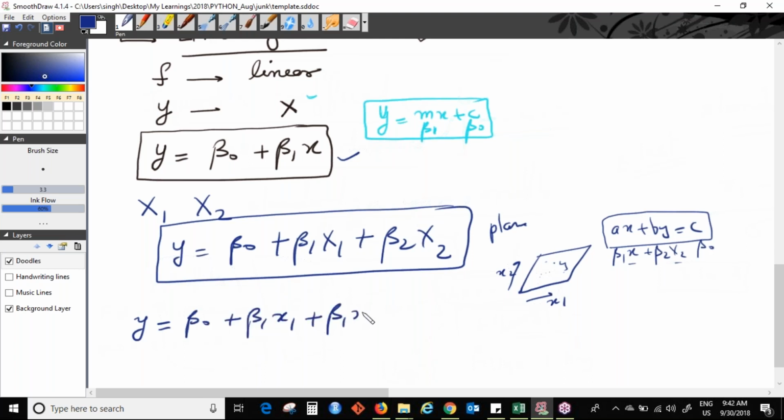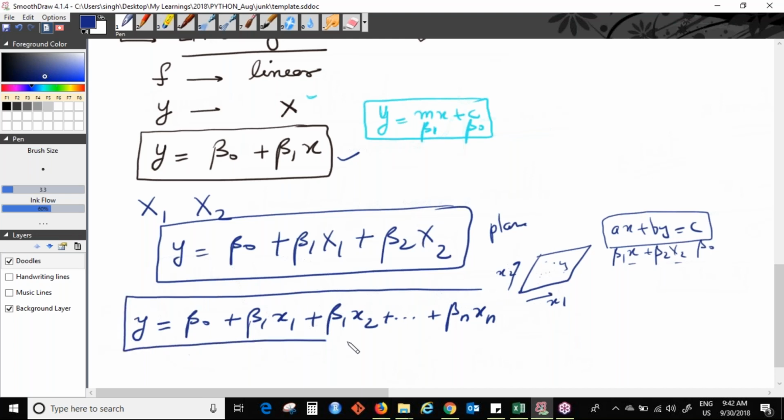So it will look something like this: beta n xn if you have n independent variables. This is the general form of a linear regression equation. So this is how we assume the relationship between the dependent variable and the other independent variables in linear regression.